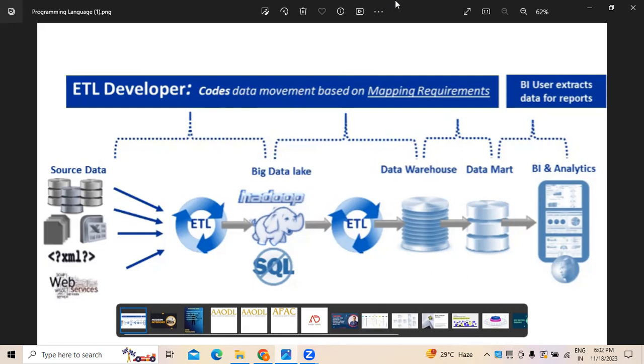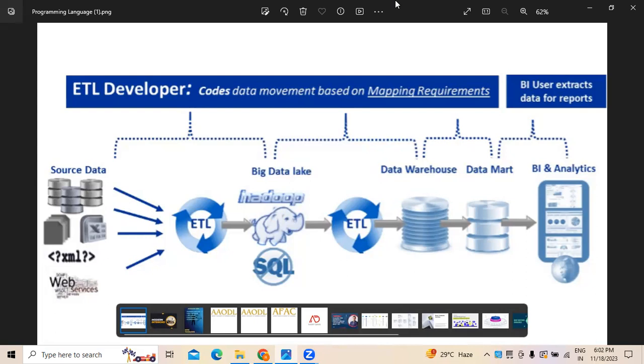This is irrespective of the domain we are working on, either healthcare, banking, financial services, capital markets, all that. This extraction as well as the migration of data is one of the key and prominent elements.